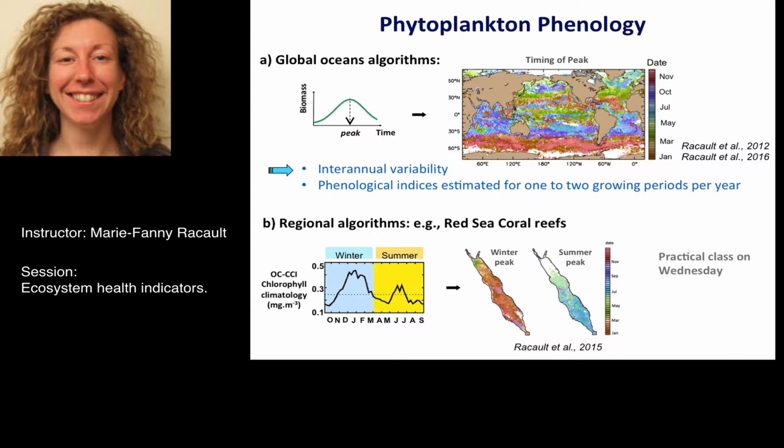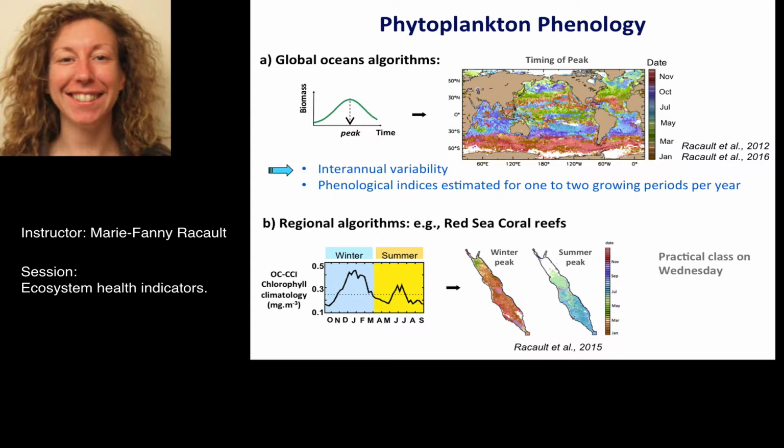Once the chlorophyll concentration during the year goes above the threshold, then we say, okay, this is a time when the phytoplankton growing period started. And when it falls below the threshold, it's when the phytoplankton growing period terminated. The number of weeks in between the initiation and termination is the duration of the phytoplankton growth.